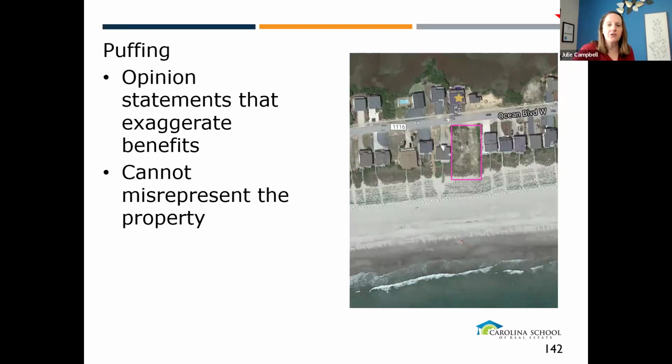Because what happens when somebody shows up, buys this land and builds on it? What did you do to their ocean view? Everybody with me? I would advertise this as a front row property or across the street from the ocean. You see what I'm saying? We need to be careful in what we say. It'd be so easy to say, you can walk out on your front porch and look at the ocean. And that's all fine and dandy until that guy starts building. That's the kind of thing we need to be aware of, making sure in our advertising that we're not misrepresenting. If we're just exaggerating, putting our opinion in there, trying to paint a pretty picture, that's puffing.